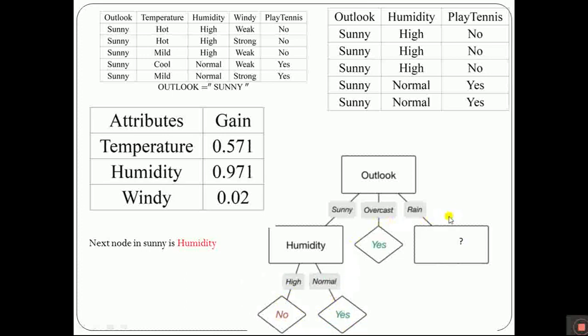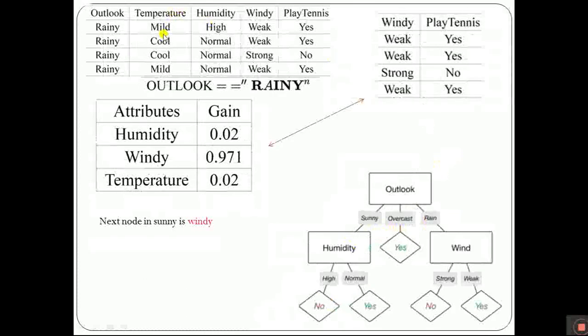Again, I need to check the gain calculation for rain. In this rainy case, we have different calculations based on the attributes temperature, humidity, windy, to decide whether to play tennis or not. If I calculate similar to outlook, I get humidity gain 0.02, windy 0.971, temperature 0.02. Among these the highest value is windy.